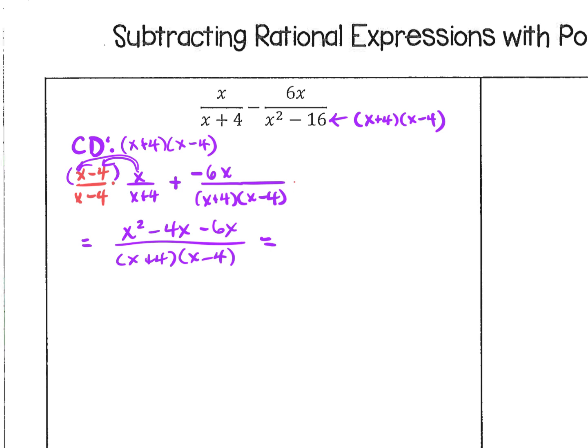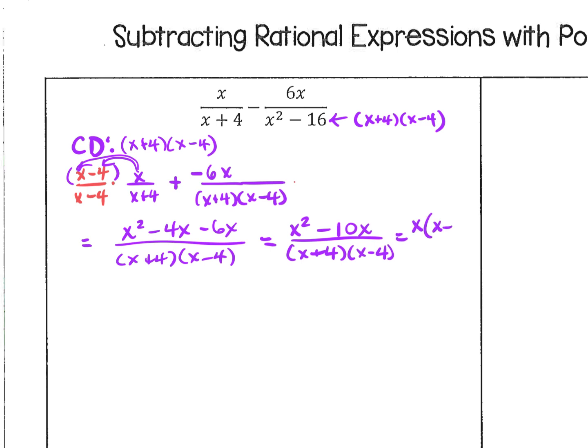Yeah. So finish up and tell me, what does this thing end up being? X squared minus what? Okay. Now, I will warn you to go ahead and factor that if you can, because you need to make sure you're not going to be able to factor something out after the fact.